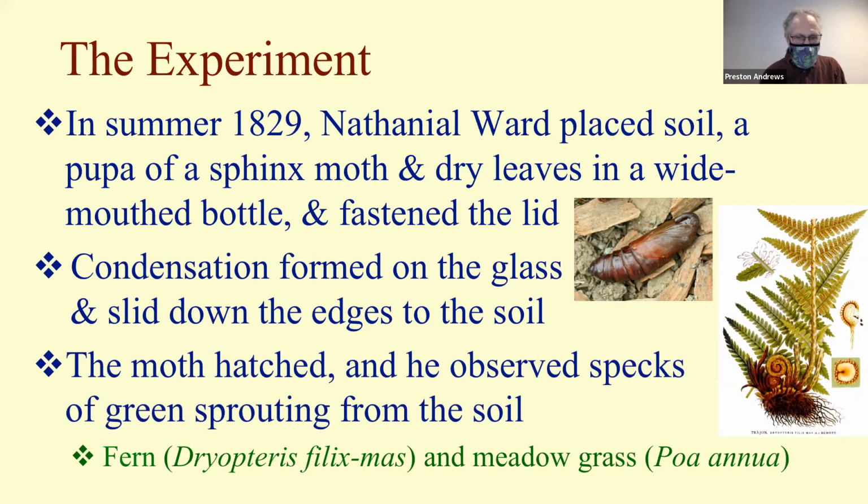Eventually, they died because the lid rusted and rainwater got in and they rotted. But he repeated the experiment with a different kind of fern. Ferns were all a craze during the Victorian era, what's called the filmy fern. And that survived in the bottle for 9 years.